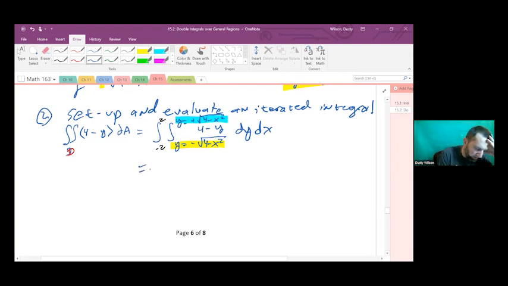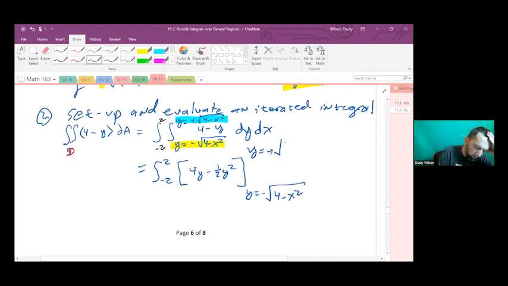So this will be the integral from negative 2 to 2 of 4y minus 1/2 y squared, from y equals negative square root of 4 minus x squared to y equals plus square root of 4 minus x squared, and all this is dx.